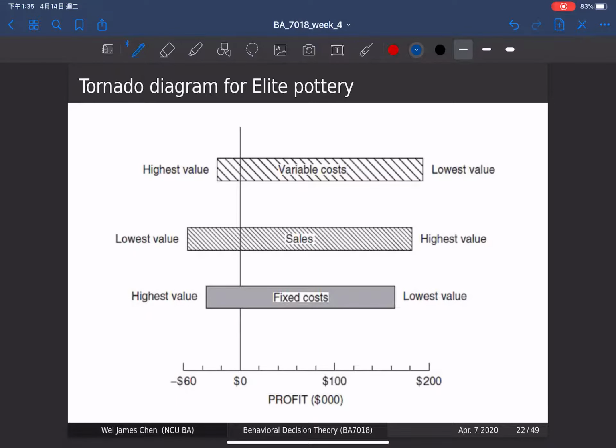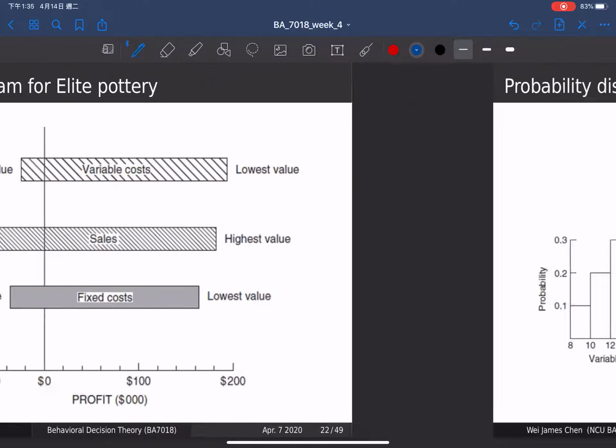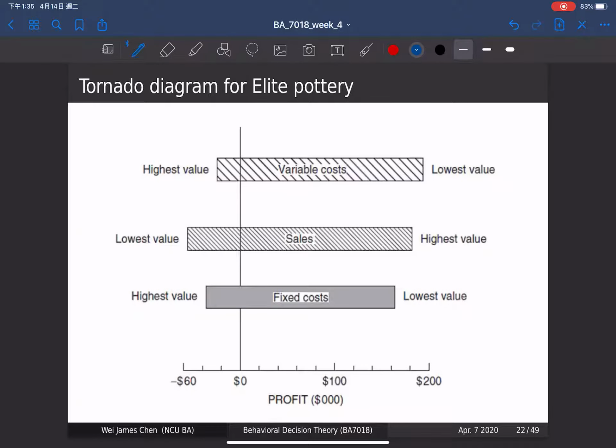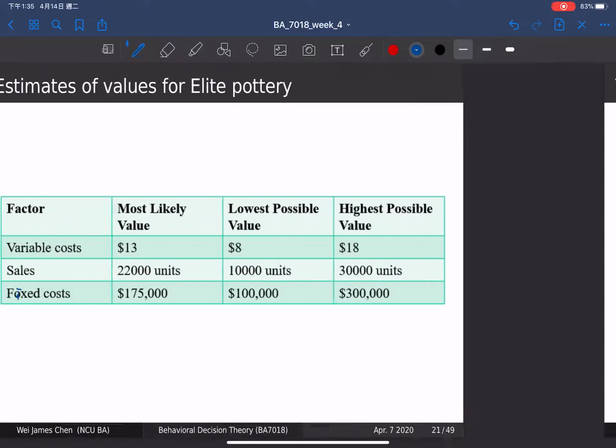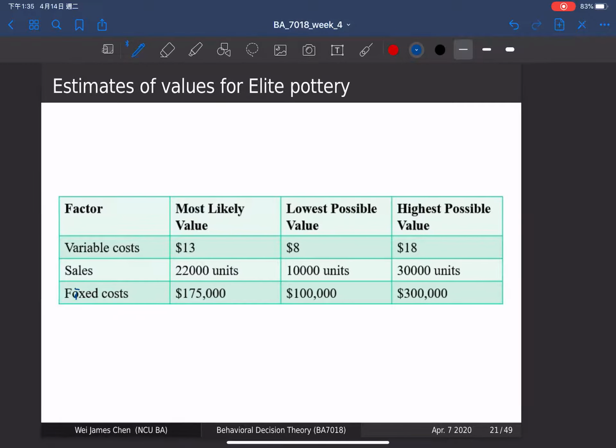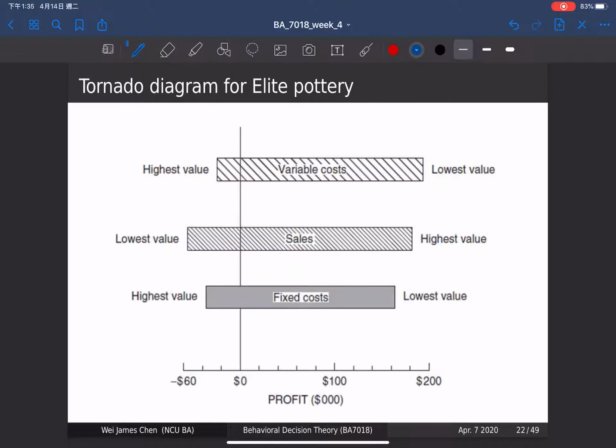So if you draw a graph, it looks like this. The unit here is actually different, but anyway, you get the idea.